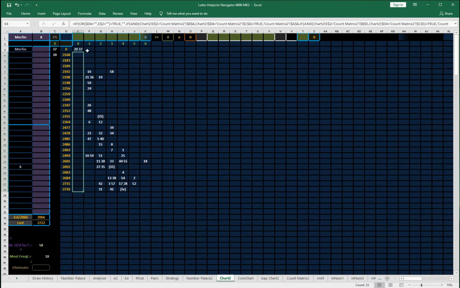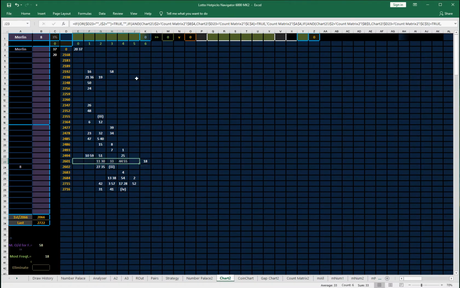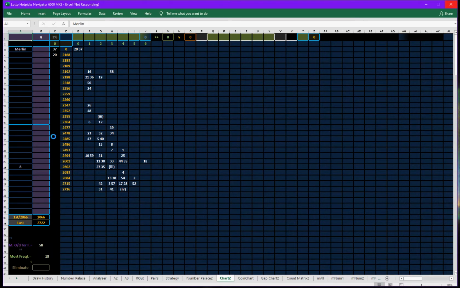It's both basically. Both these numbers. Most frequent is 18. And if we just look at that ball set on its own, then we get this chart. It takes a long time because it's processing a lot of numbers.